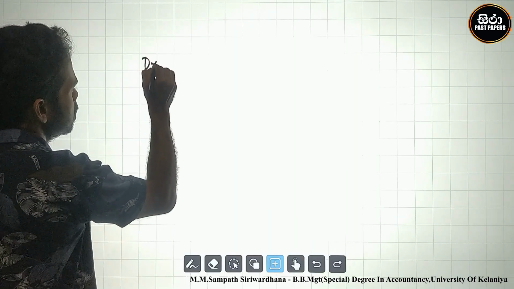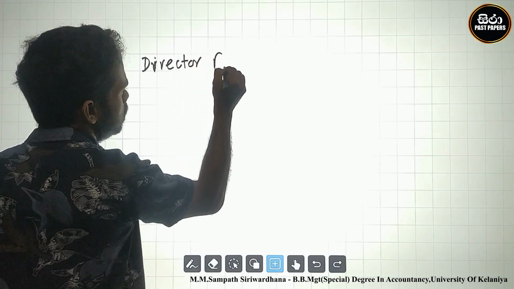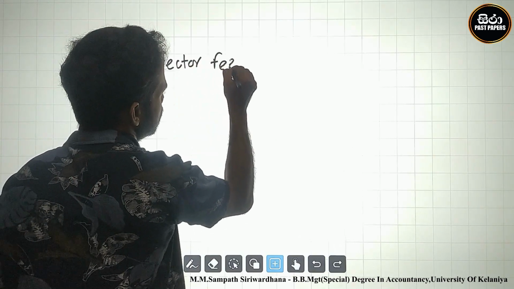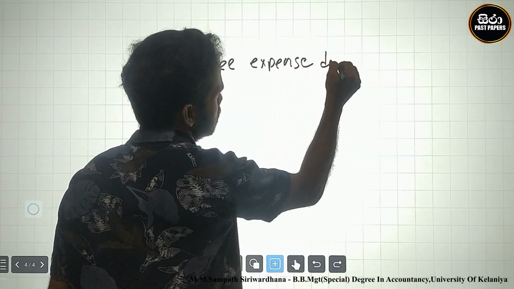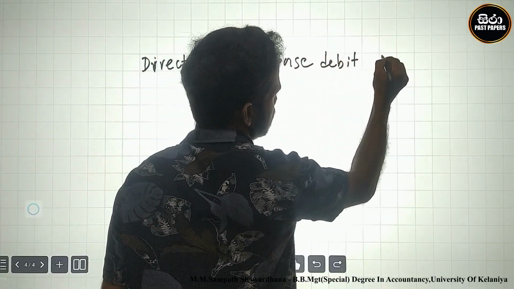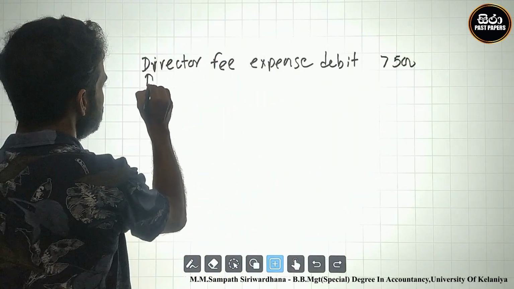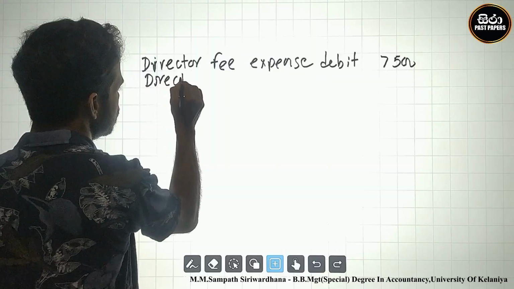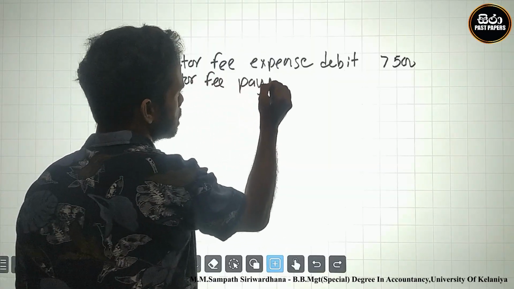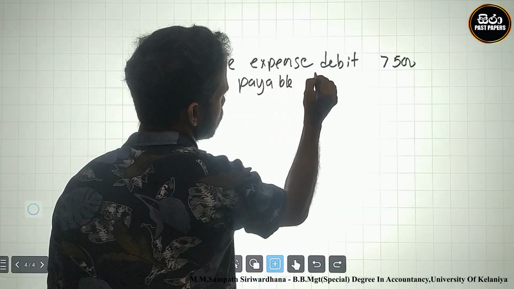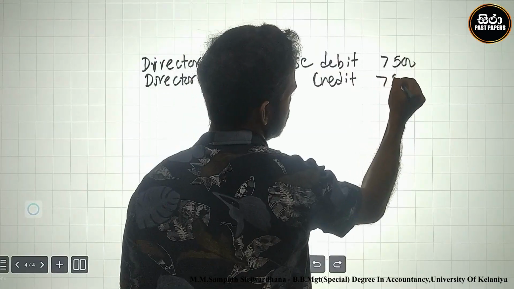Director fee expense debit 7,500. Okay, credit to director fee payable, 7,500.